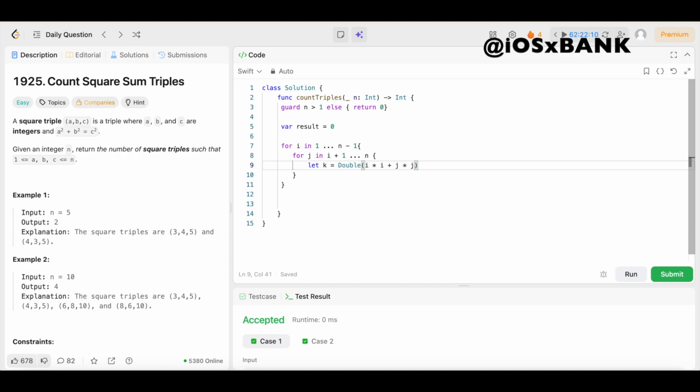Now we're going to check two conditions. The square root of k is an integer, which means i squared plus j squared is a perfect square. And then the integer k value is less than or equal to n, so k must be within the allowed range.